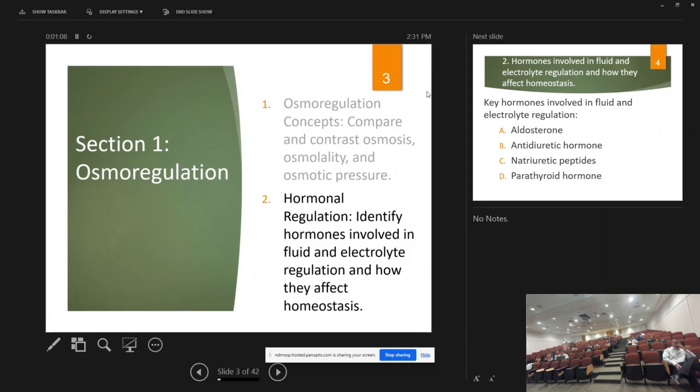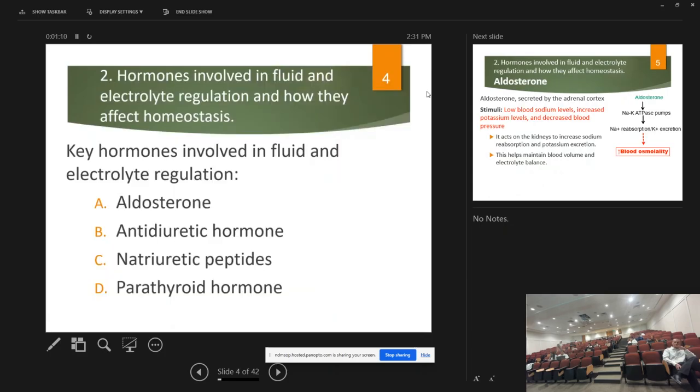So, hormonal regulation. Let's look at what hormones are involved in electrolyte and fluid regulation. You have already heard about these hormones at different times in your cardio course, so it's just bringing it back here with respect to electrolyte and fluid movement specifically. These are aldosterone and antidiuretic hormone.